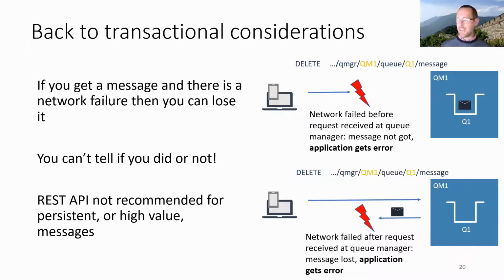So just bear in mind, you can lose data, and that's just the nature of HTTP requests, because there's nothing that you can use to transactionally guarantee you reliably get that message. And if something went wrong, you roll it back on the queue and you can get it again. You can lose data. So not for highly valuable data, I would suggest, in general with REST APIs.